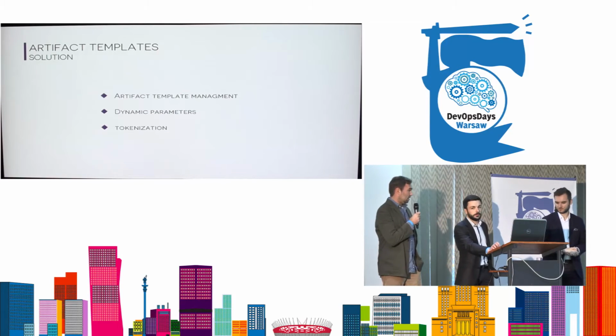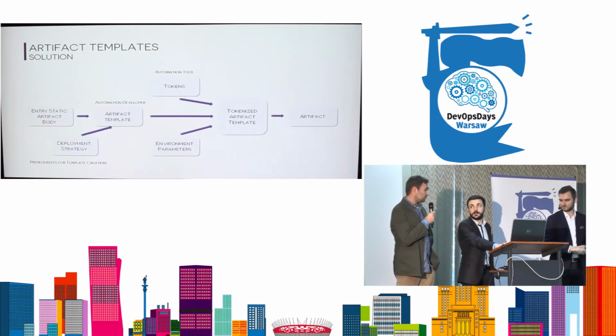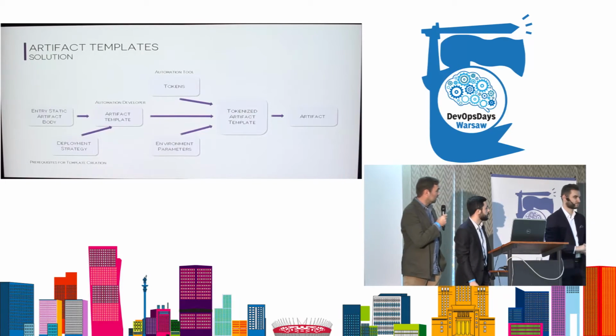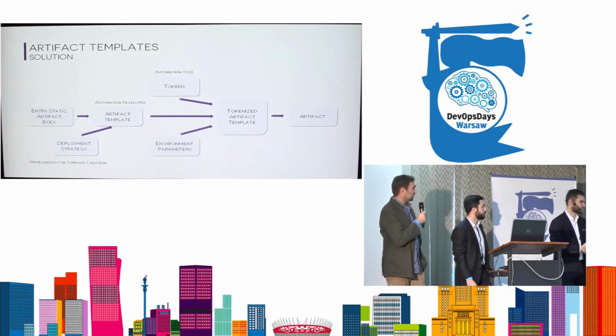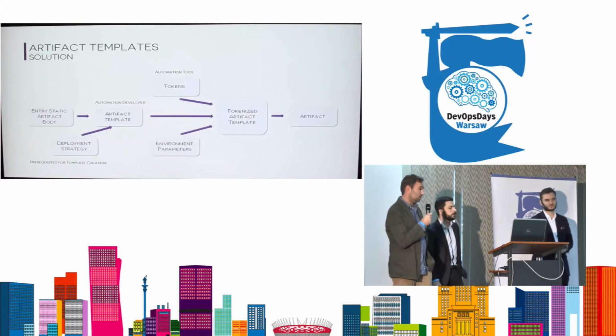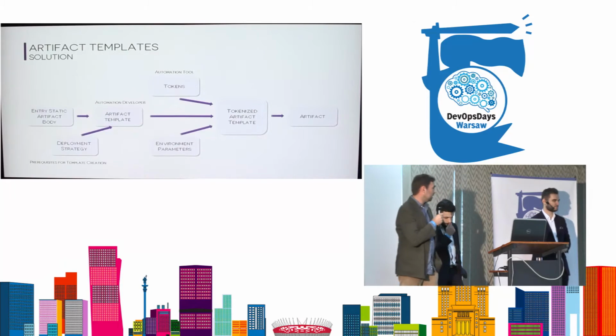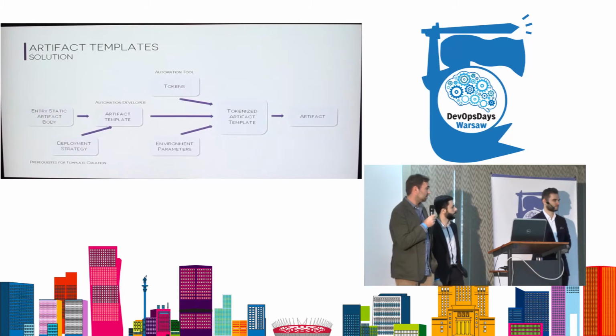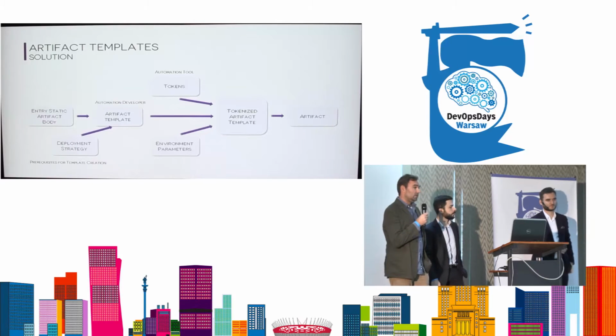Additionally, we can parameterize the template. So on the screen, we have the logic of how we can achieve that. We assume that we have an entry static artifact body, which contains all information needed for, for instance, deployment to a specific environment, right? We have the deployment strategy. So following these two pieces of information, the automation developer, or just developer, prepares the template.